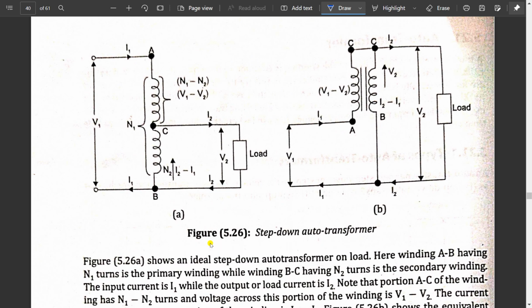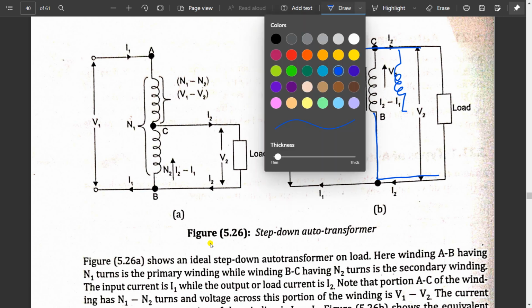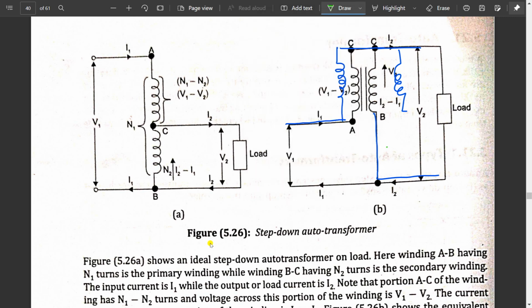If I take this as the primary winding and this as the secondary winding, and I join these two at the point C, and take A as the primary side and B as the secondary side, then B and C are the output side and A and B are the input side.